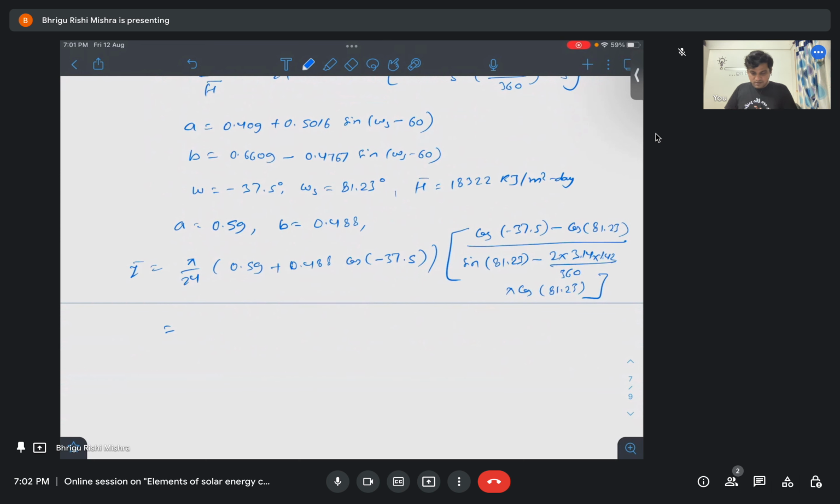Just a minute. So if we calculate this as a whole: cos of minus 37.5 minus cos of 81.23, divided by sine of 81.23 minus 2 into 3.14 into 1.42 into cos 81.23 divided by 360.